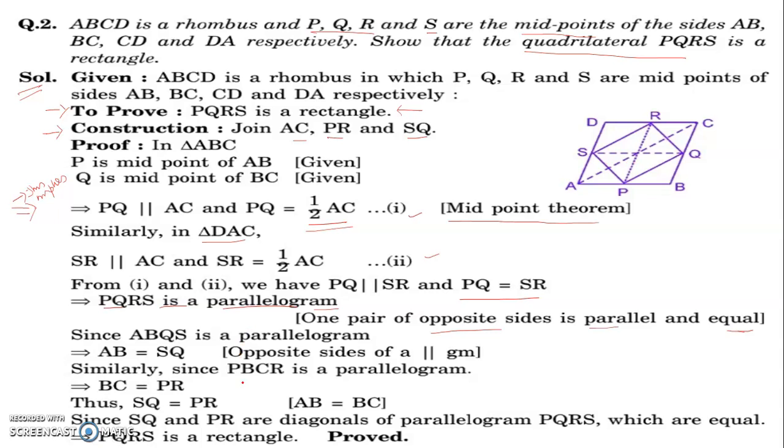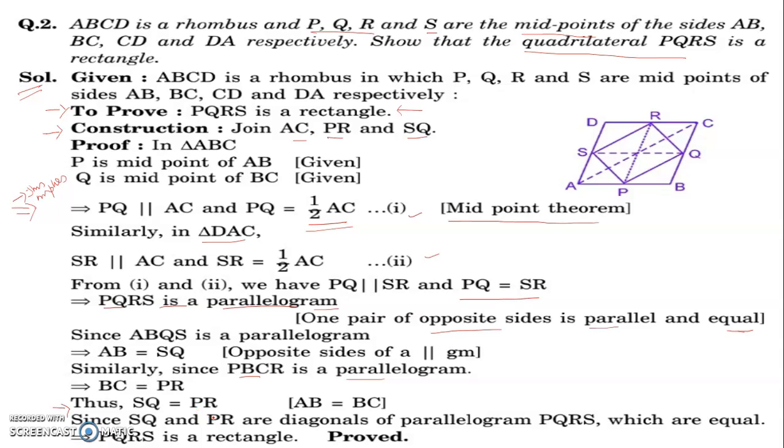Similarly, since PBCR is a parallelogram, BC will be equal to PR. As we have shown, PQRS is a parallelogram. So we are applying properties of parallelogram, which shows thus SQ is equal to PR.